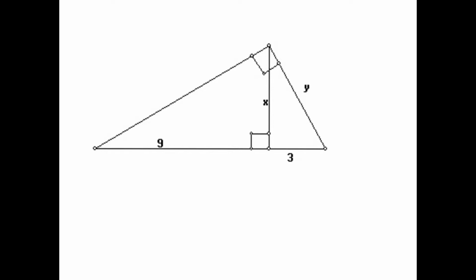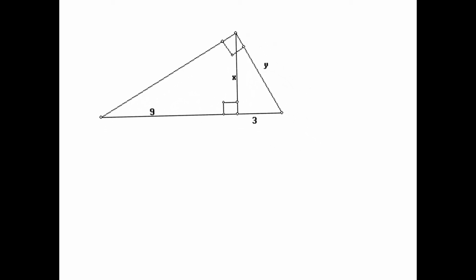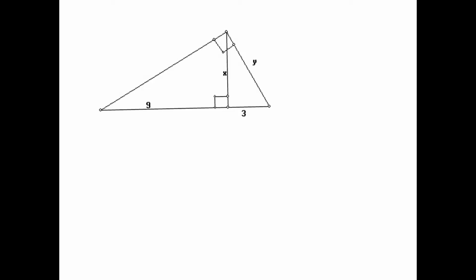So we want to solve for x and we want to solve for y. So what I'm going to do, let me make this a little bit smaller so I have more room. So we're going to start by solving for x first.